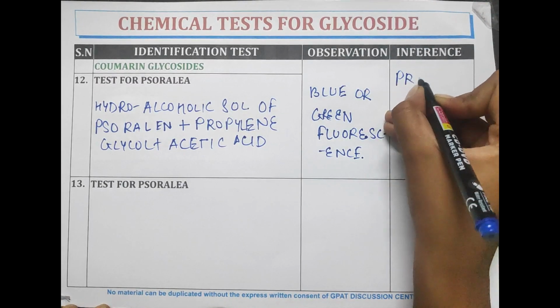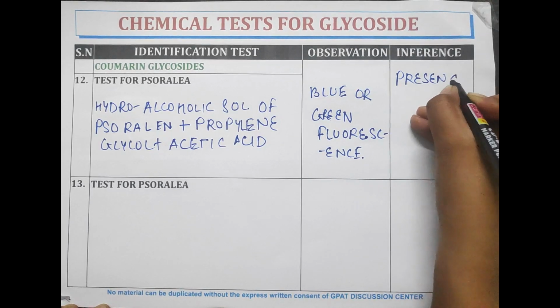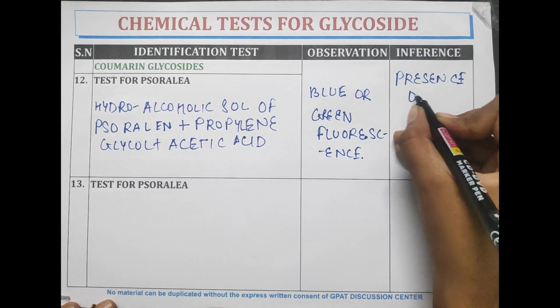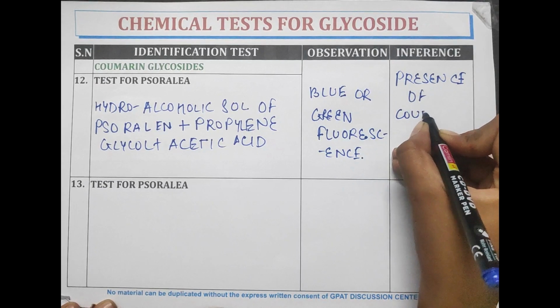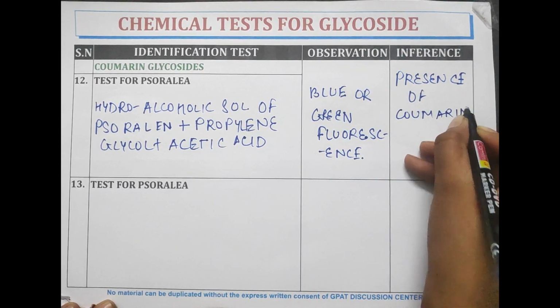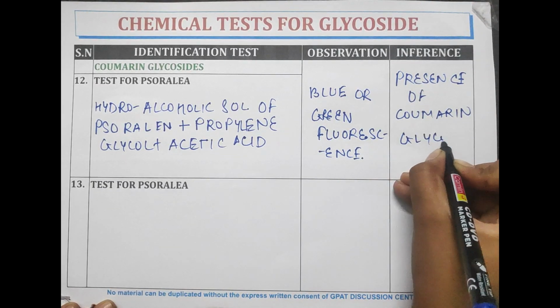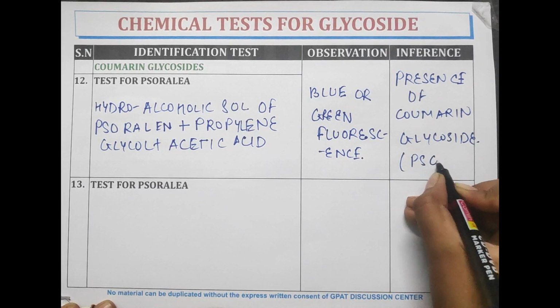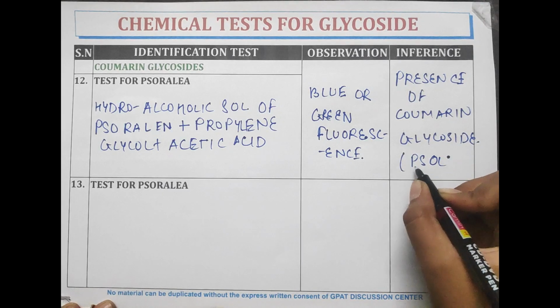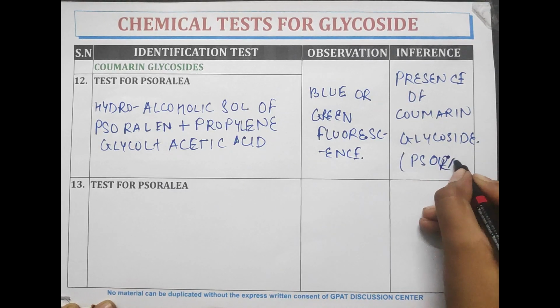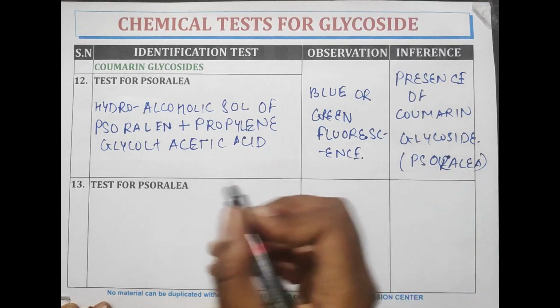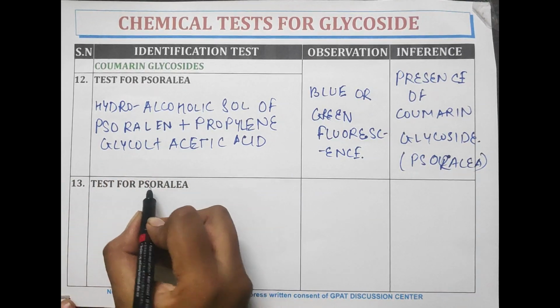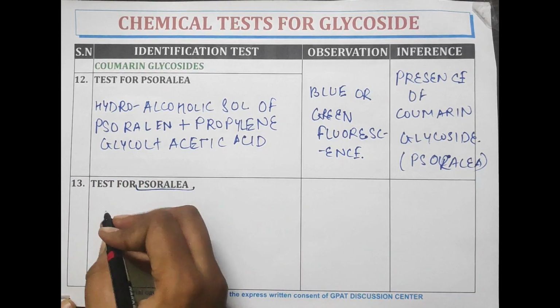It indicates presence of coumarin glycoside and presence of Sulleria. Another test for coumarin glycoside is test for Sulleria.